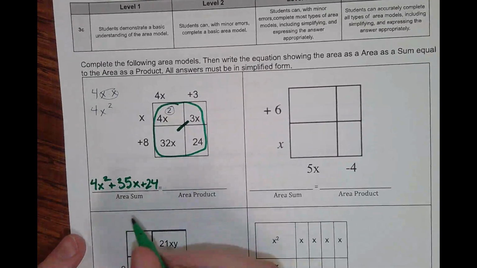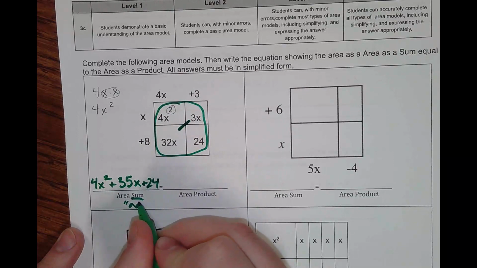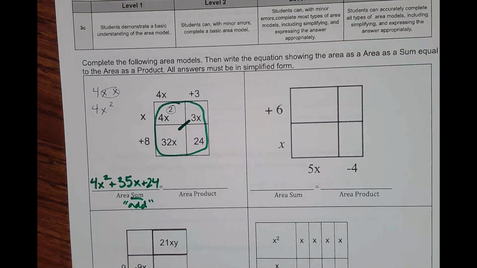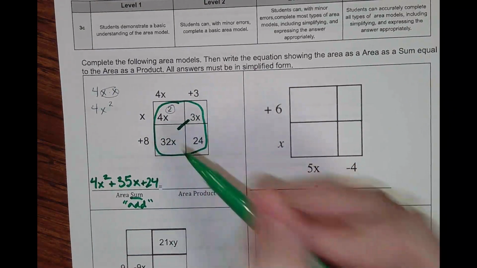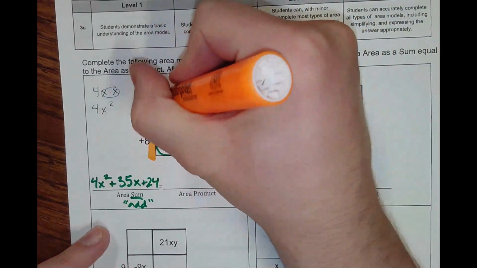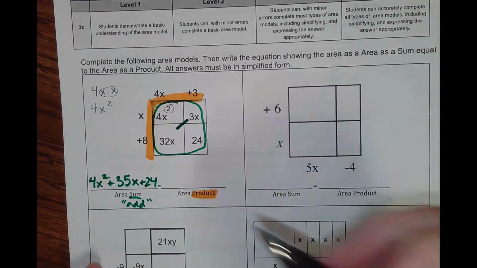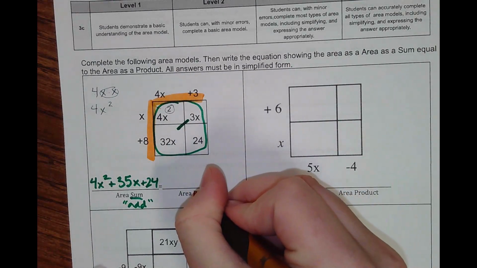By the way, what does the word sum mean? Sum typically means add. So it's important to remember that we just added the inside values. Now, to get to the product, I'm going to go ahead and highlight the product as length times width. The word product does mean multiply.